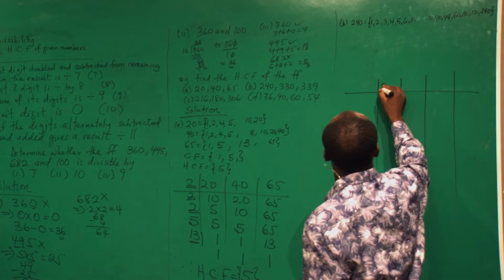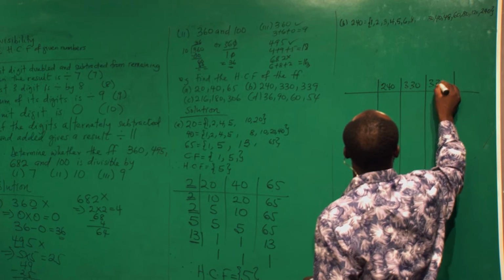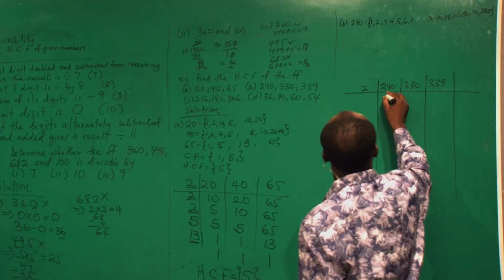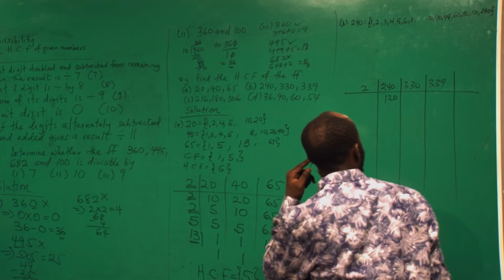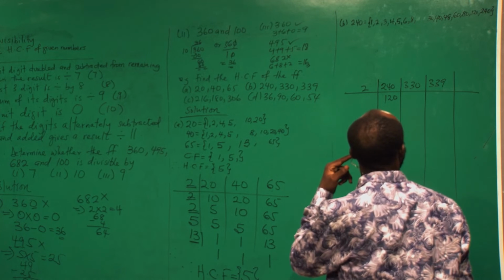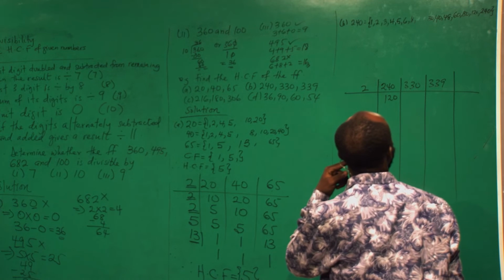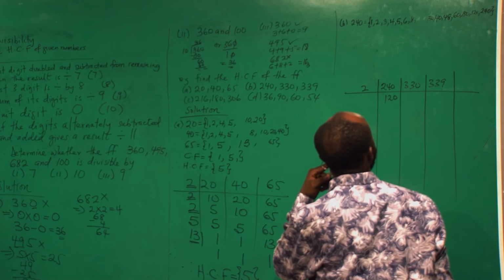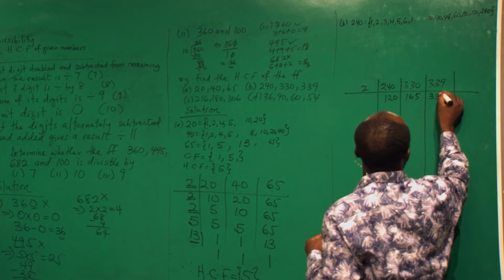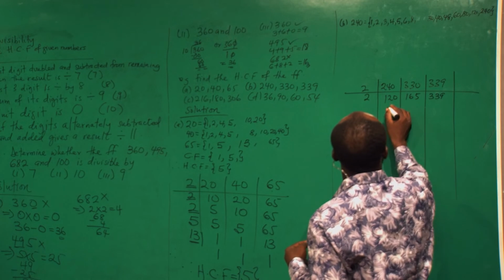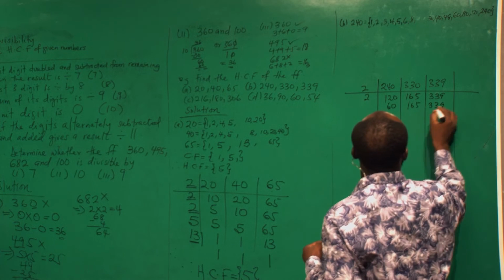We have 240, we have 330, we have 330. 2 goes here, 120. 2 will go into this, 150. 150 gives me 300, I share 30 into 2, I get 15, 165. 2 can go into this 60. Can't go, I repeat.